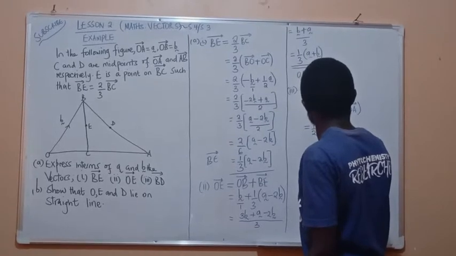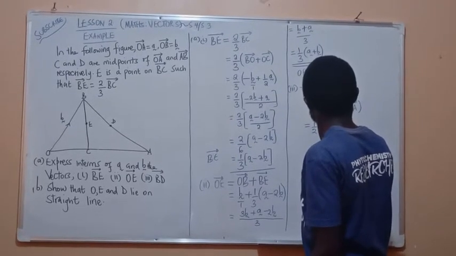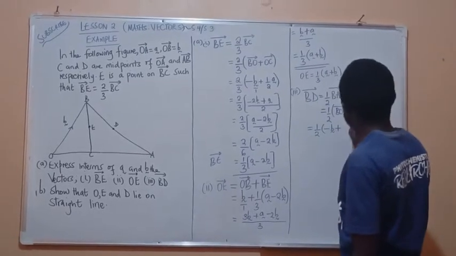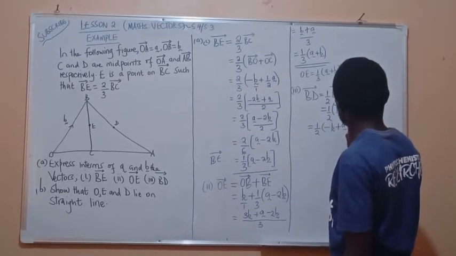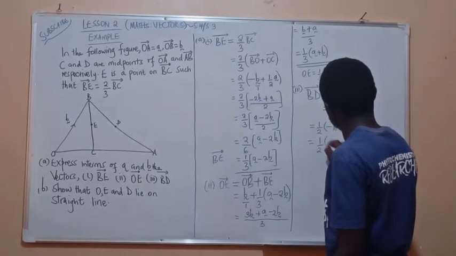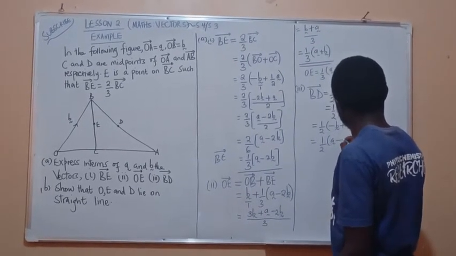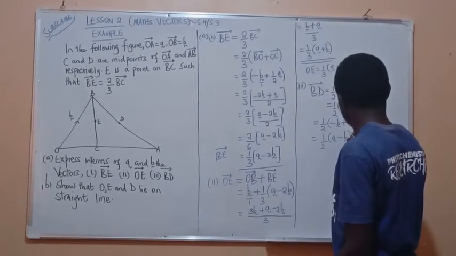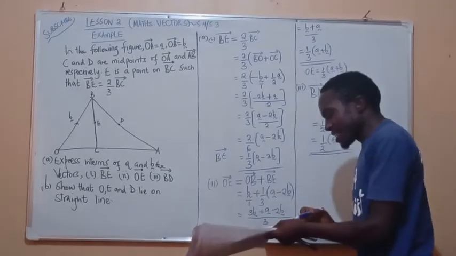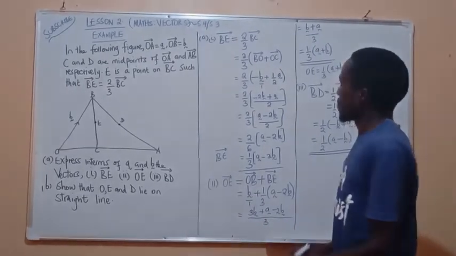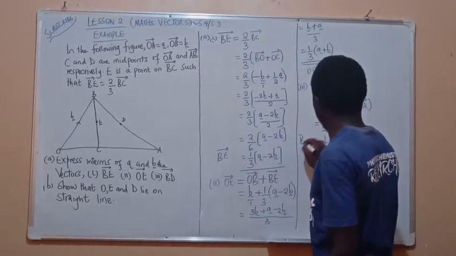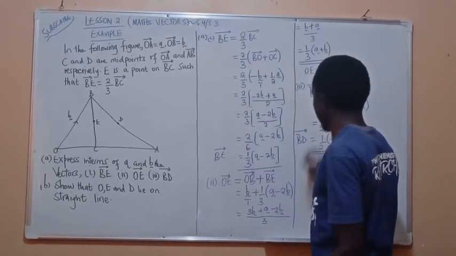BO will be negative B, so it is negative B plus OA, which is A. So this is the same as a half into A minus B. As simple as this. So after getting these points, this is our BD. Those are all marks we have pocketed.